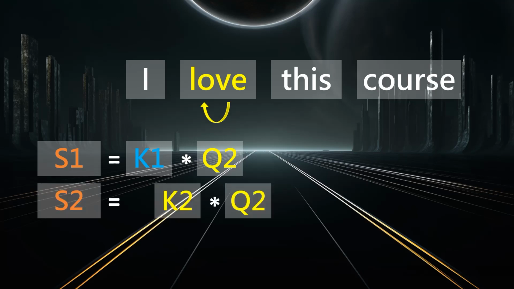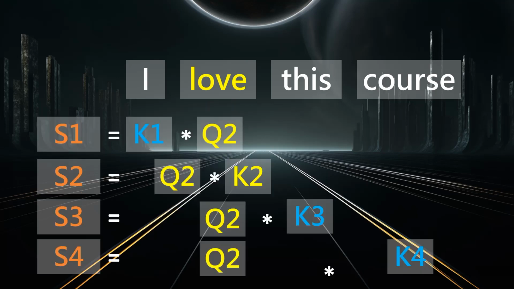Its relationship with the word love itself will be Q2 times K2, which equals S2. I think you can imagine what comes next. We'll get S3 and S4 to represent the relationship of love with this and course. Now we have 4 new values, S1 to S4.